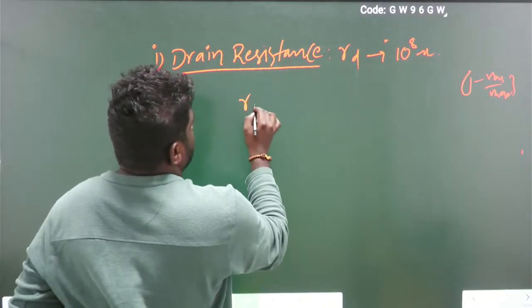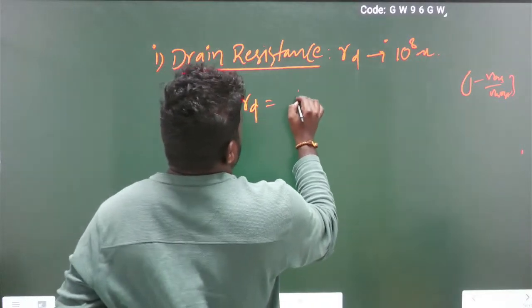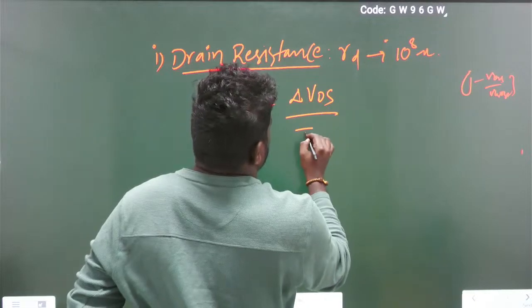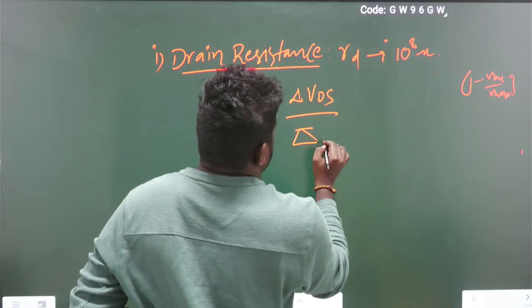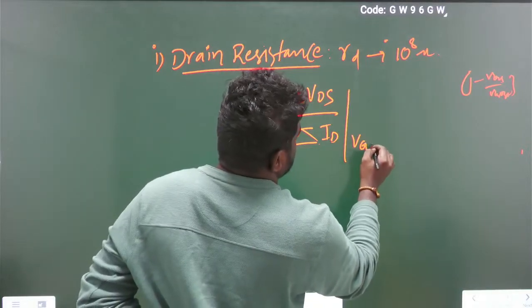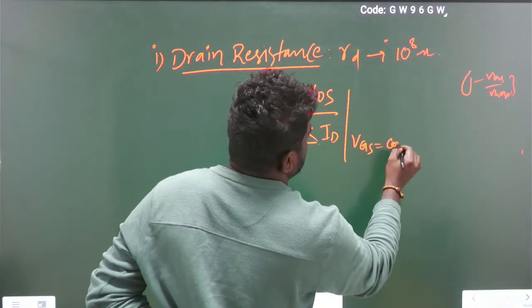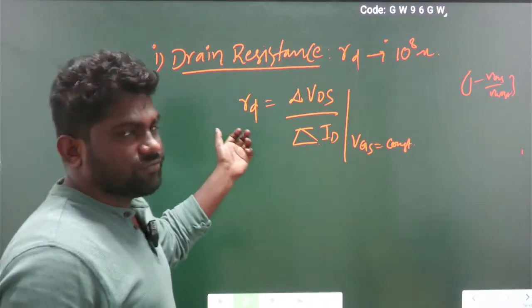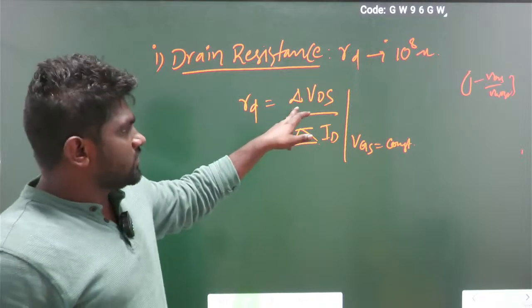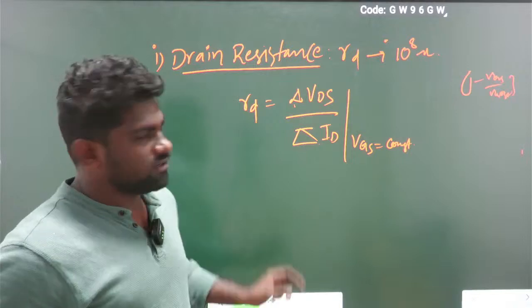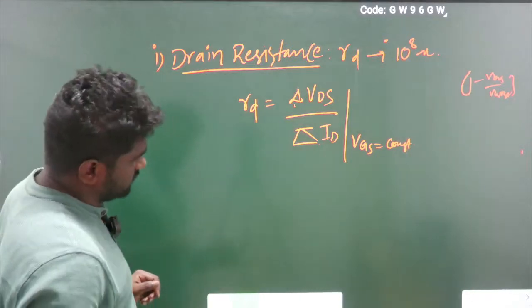So what is the RD formula? RD equal to delta VDS by delta ID when VGS is constant. The definition of drain resistance is the change in drain to source voltage to the change in drain current.